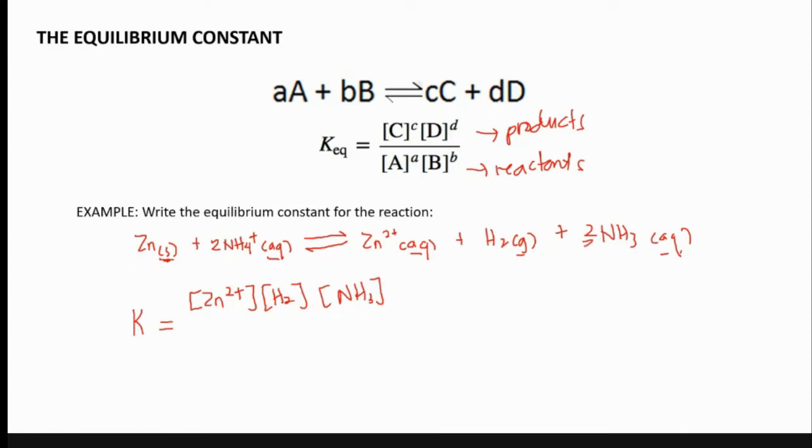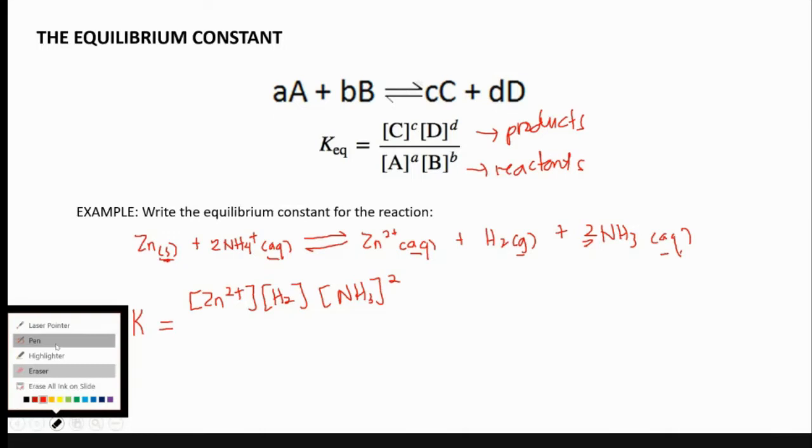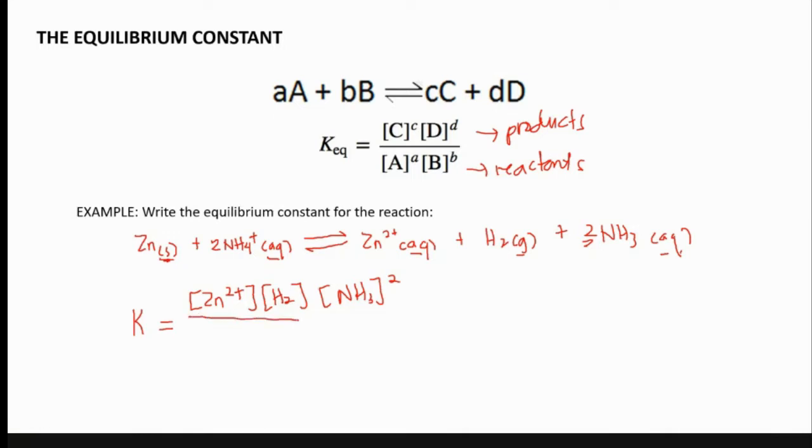Meron siyang coefficient, so that's squared. Divided by NH4 squared. So, ayan yung equilibrium expression or equilibrium constant ng equation nito.